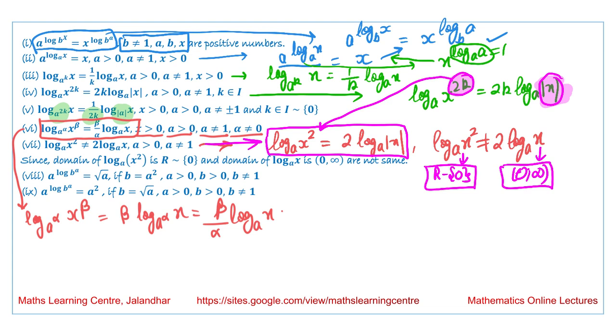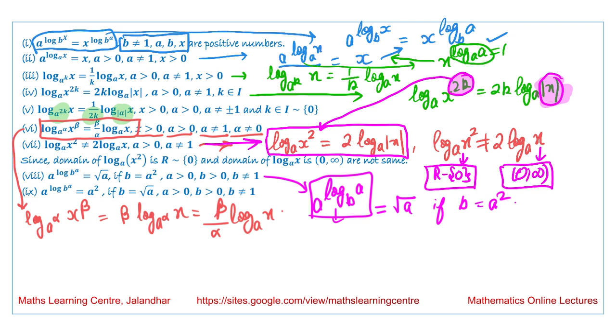The next result we have already seen. Now the next result is a raised to the power log a to the base b. The answer is square root of a if b is equal to a square. How do we solve this?